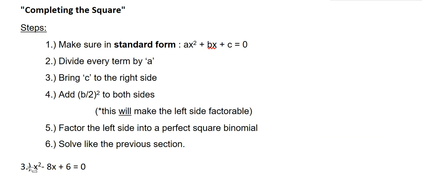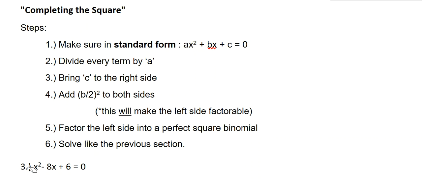Now, I usually break it down into 6 steps. You can kind of switch these around sometimes, but this will give you a general idea of the process that you're doing. I like to make sure it's in standard form, ax squared plus bx plus c. Then I try to divide every term by a. You want that coefficient to be 1. I'm going to bring c over to the other side.